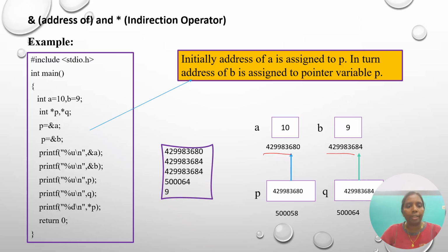If you see the output here, printf &A will give the address of A, &B will give the address of B, and P here, the second one will be executed when compared to the first. That is why the P value points to the address of B, and the Q memory location will hold some address. That address is 5064, and *P will hold the address of B.